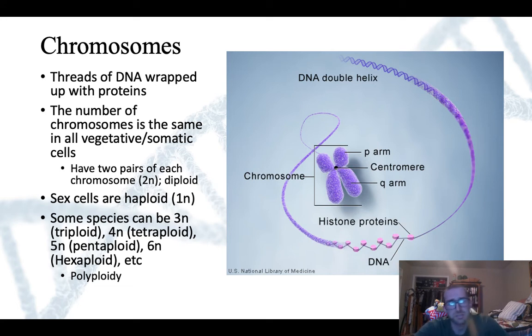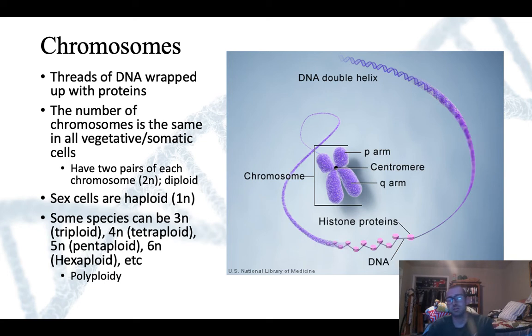Okay, so this is a little bit new. I don't think I covered this, but your DNA is wrapped up and compressed into what are called chromosomes, right? And you have 46 chromosomes, right? The number of your chromosomes is the same in all of your vegetative or body cells. So most of the cells of an organism, except for the sex cells, have the same number of chromosomes.